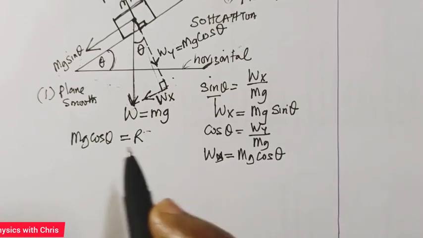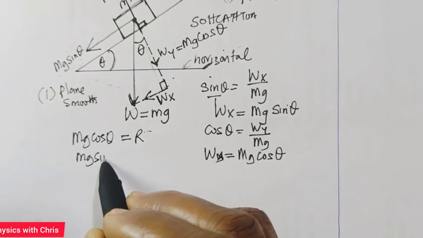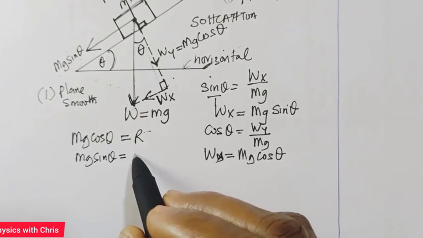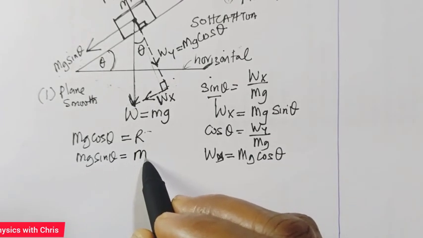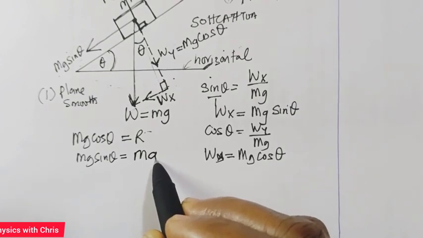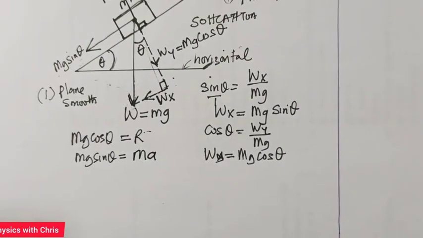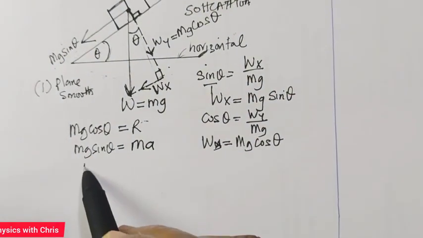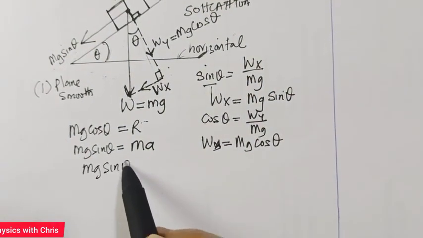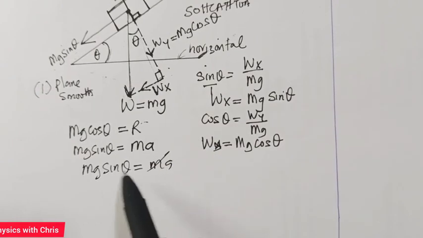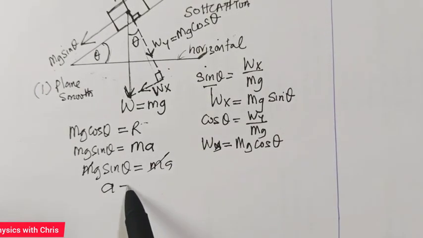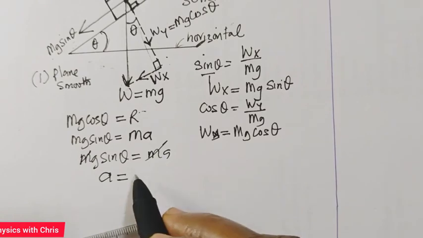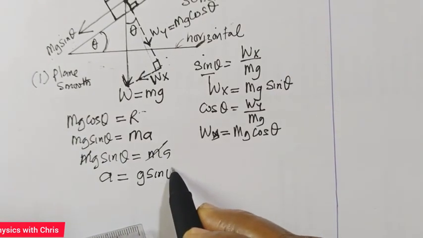So we have that mg sine theta is equal to ma, according to Newton's second law of motion. Since motion is possible along this line, mg sine theta equals ma. The m cancels m, so the acceleration of this block down the plane is given by g sine theta. We can call this equation 1.